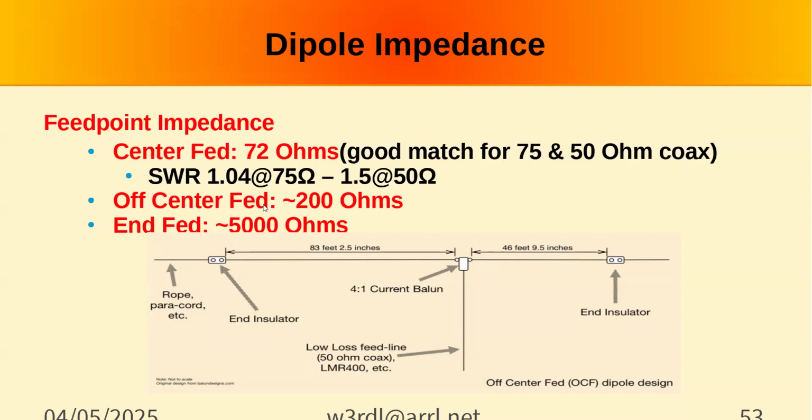If you go with off-center fed, it's about 200 ohms, and I think that's for when it's 25%. At 33%, I think it's closer to 400. And then they're saying end-fed is about 5,000. I don't think in practice it's quite that high, but it's very high.